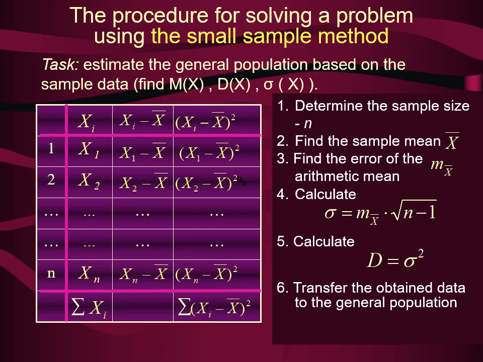According to these data, you will need to evaluate the general population from the available sample values. That is, you will need to find the mathematical expectation, the variance, and the sigma. These are all general parameters: the general average, the general variance, the general mean square deviation.